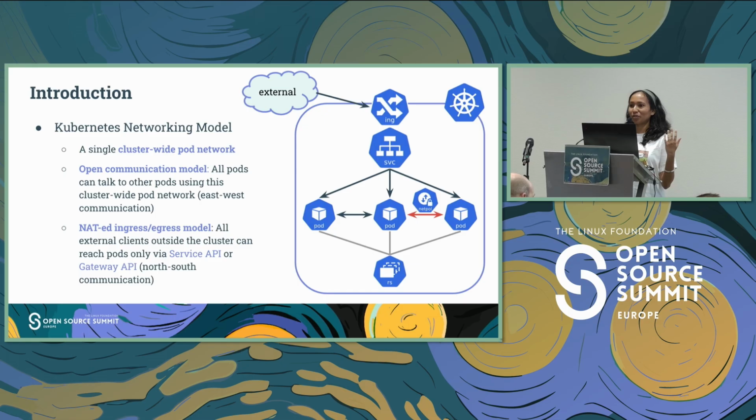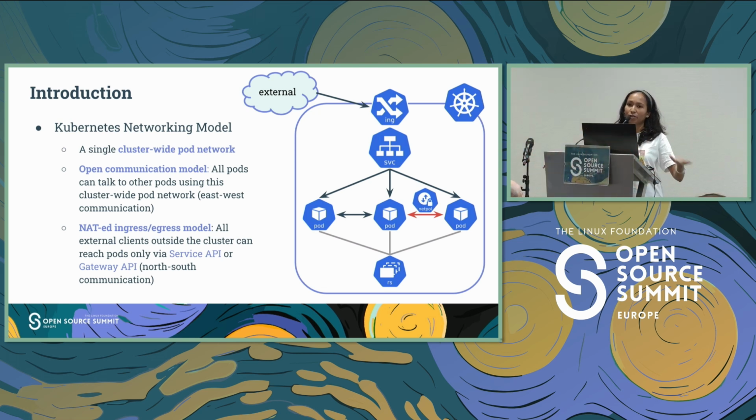So a brief introduction into the Kubernetes networking model, just to context switch into this talk. In Kubernetes, the smallest deployable workload unit is a pod, obviously. And inside a pod, you can have one or more containers. The Kubernetes networking model assumes that all pods can talk to all pods on your cluster. So there is this one cluster-wide pod network.